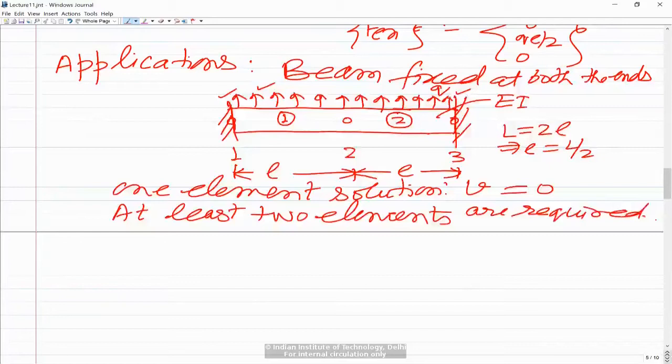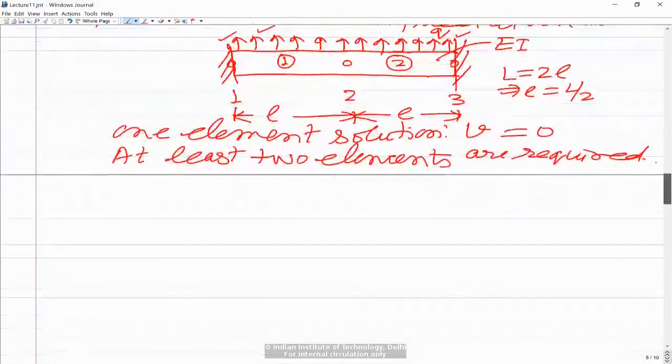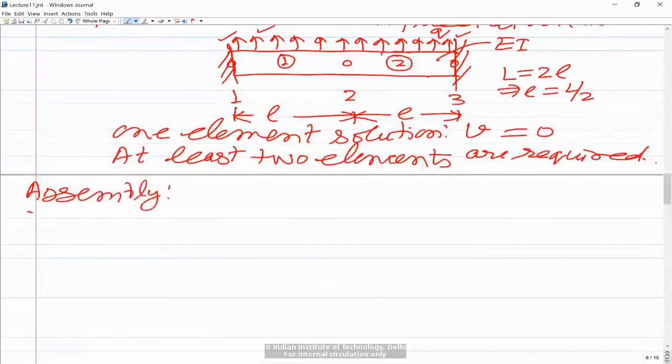So now once we have discretized this using two elements, the next thing is the assembly, because the element level governing equations we have already developed. Now without any boundary condition, so in assembly we don't worry about the boundary condition. After we assemble the equation, we can impose any possible boundary condition.